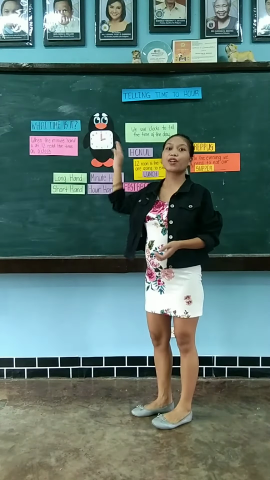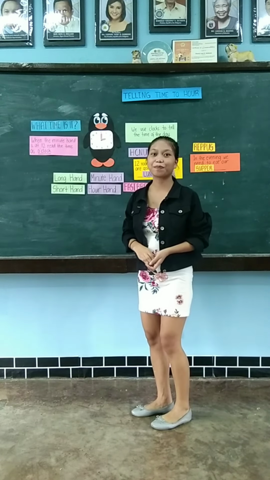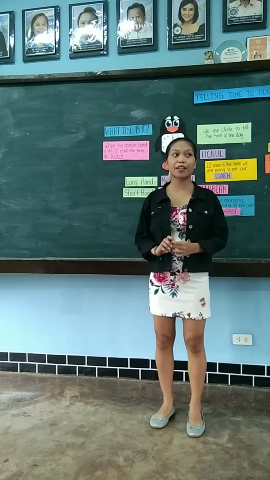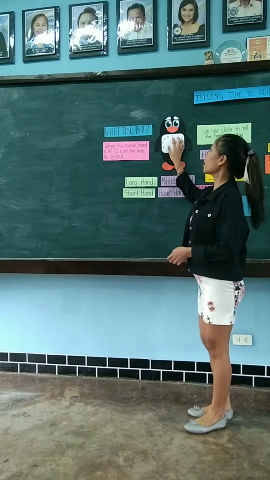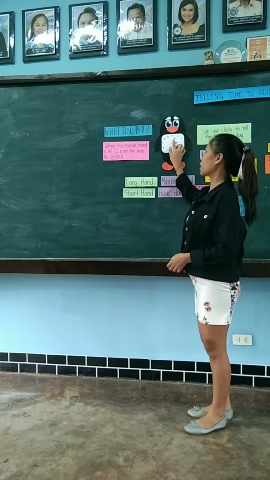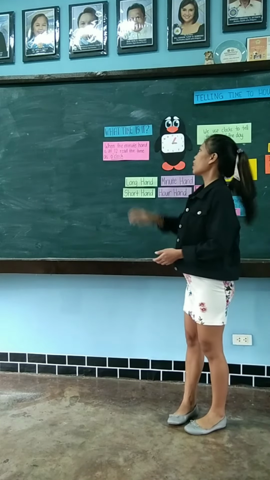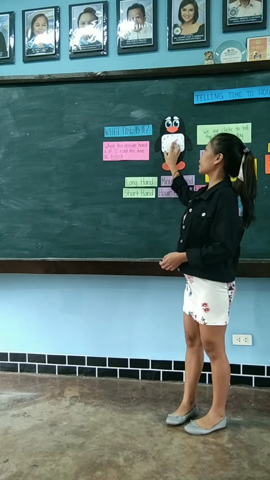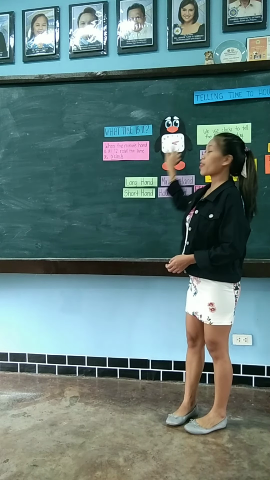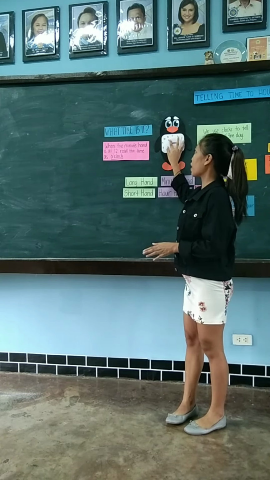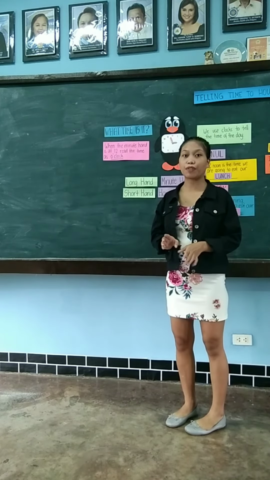If the minute hand is at 1, that would be 5. If it's 2, then that would be 10. If it's 3, that would be 15. Until the number 11, so for 11, that would be 55.